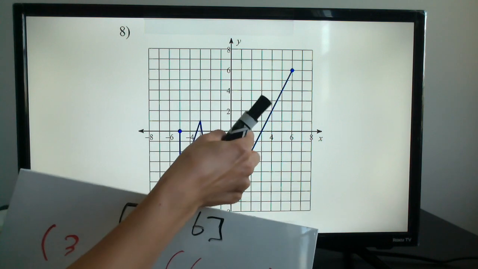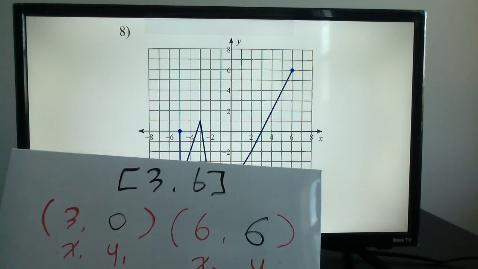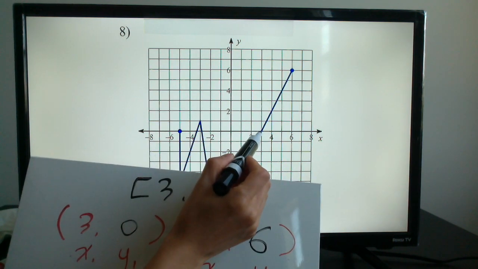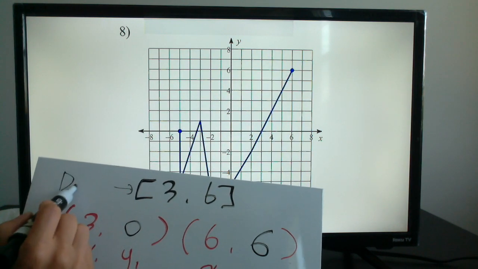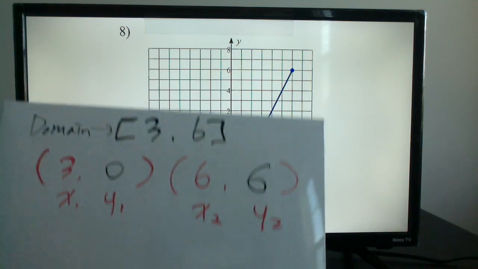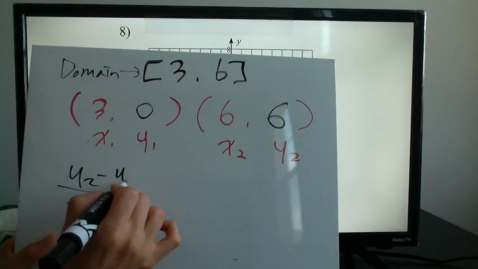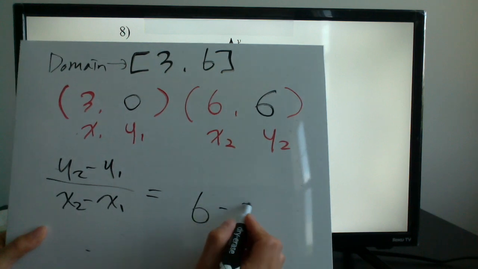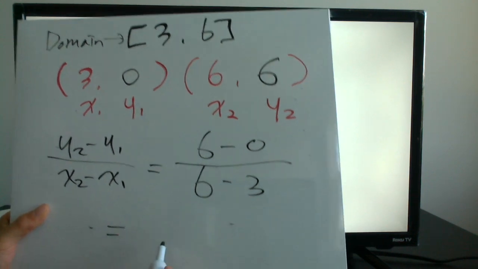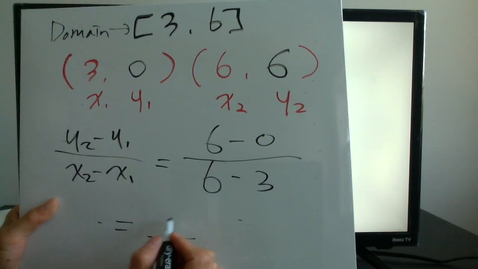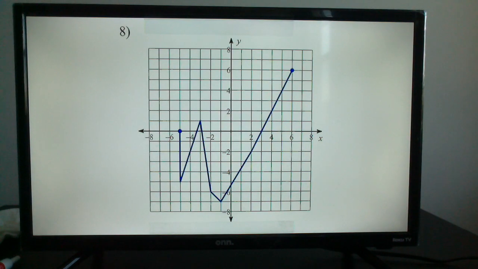So this is 0, right? Then when you see 6, the point is 6. One more time. (3, 0), (6, 6). Because this is the domain, right? So x2 minus x1, y2 minus y1. So I will do 6 minus 3, and here, 6 minus 0. So it means 6 over 3, the answer is 2.